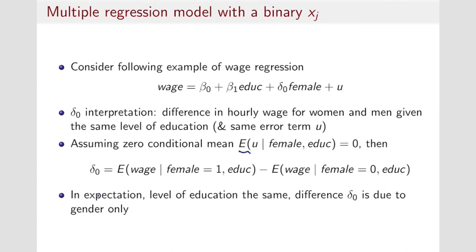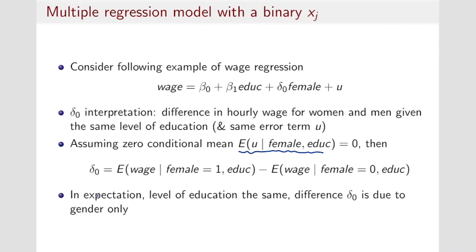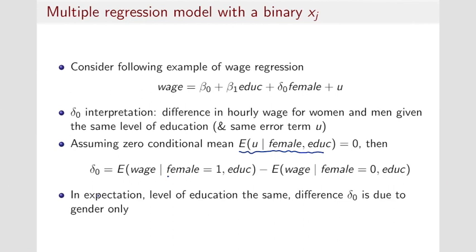Under the assumption of zero conditional mean, that the error term is not correlated with any of the independent variables, then similarly, the parameter delta 0 equals the difference between two conditional expectations for wage.